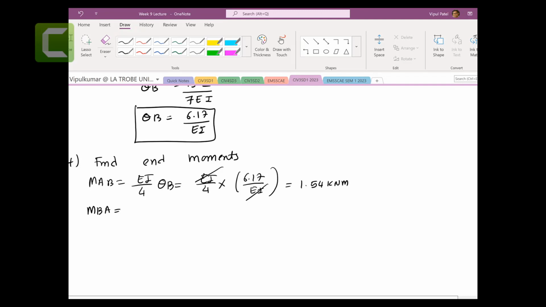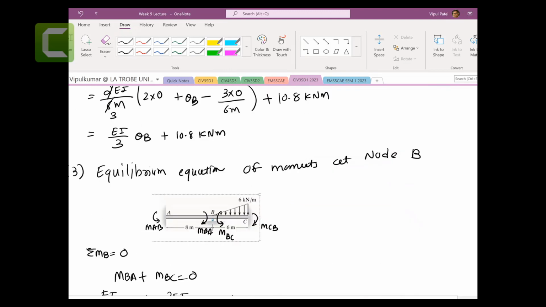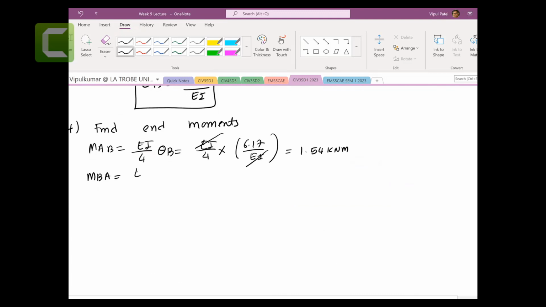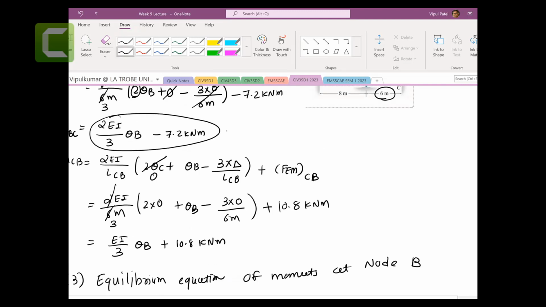MBA, let's get the equation. MBA, EI on 2 theta B. So EI on 2 theta B was 6.17 over EI. EI cancels, 6.17 over 2. We got 3.09 kilonewton meters. MBC, let's get MBC.